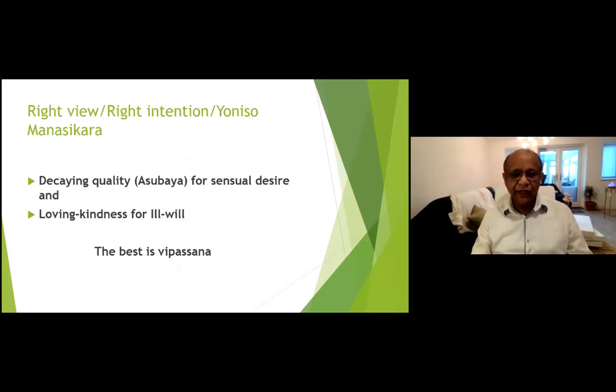Therefore, when we contemplate, we need to know the decaying quality, or we could use asubha, the decaying quality, for sensual desire and loving kindness for ill will. However, this is going to be a temporary meditation. If you just see the decaying quality, or use loving kindness as an antidote for ill will, it may not last long.